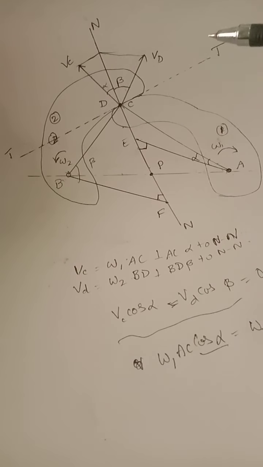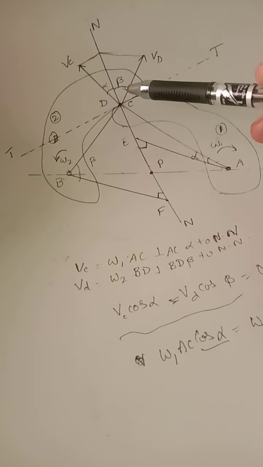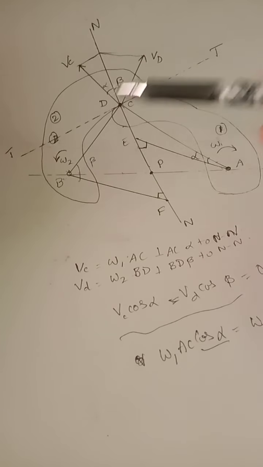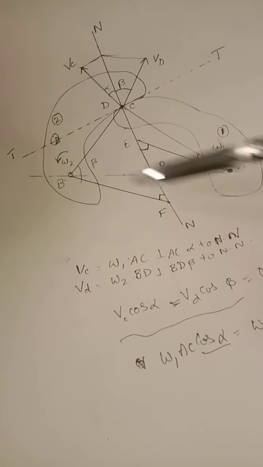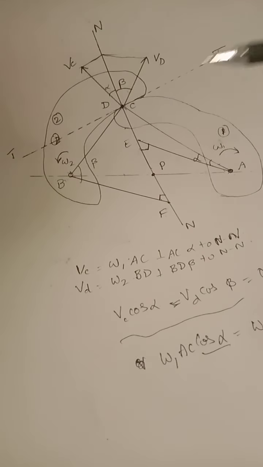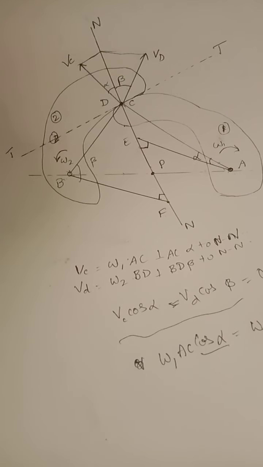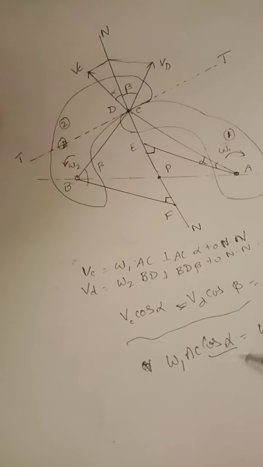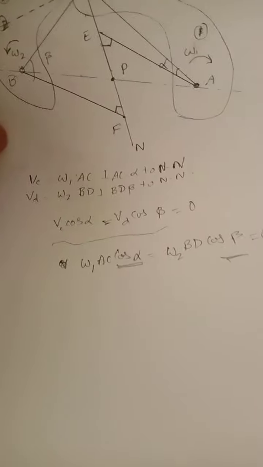Similarly beta: this is beta, and this is the vertical angle, that is beta. So the triangle FBC has this beta. These two triangles we have to consider to get cos alpha and cos beta.